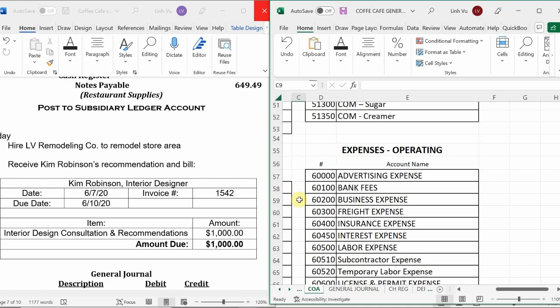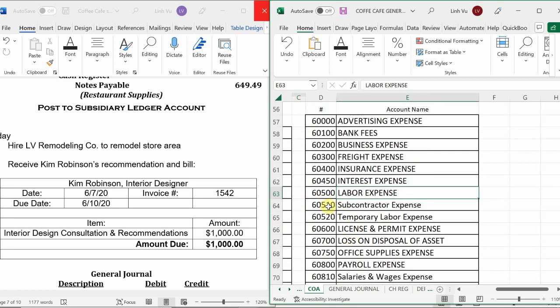So a subcontractor would be a labor expense? Yes. So in this case, it's a subcontractor expense then, right? Earlier, it's a labor expense because we did hire her.